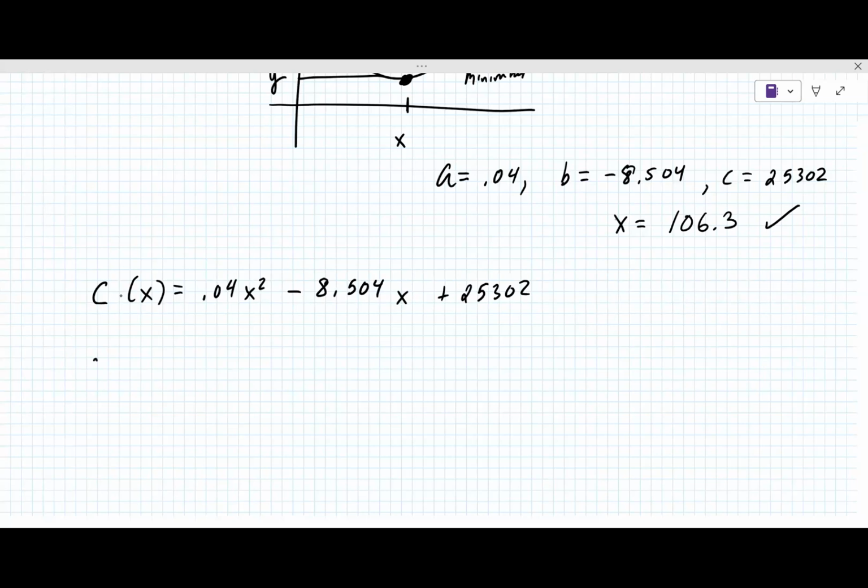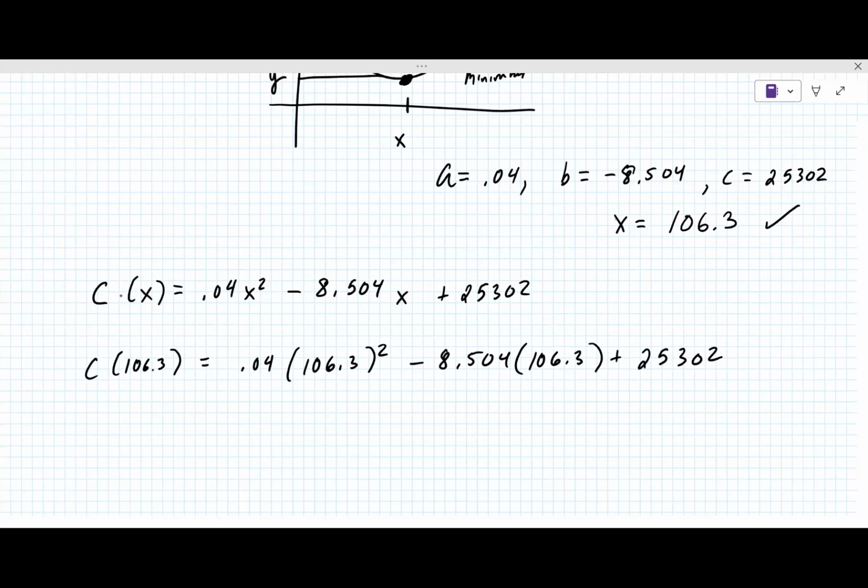You're going to put this 106.3 in for X: 0.04 times 106.3 squared minus 8.504 times 106.3 plus 25302.